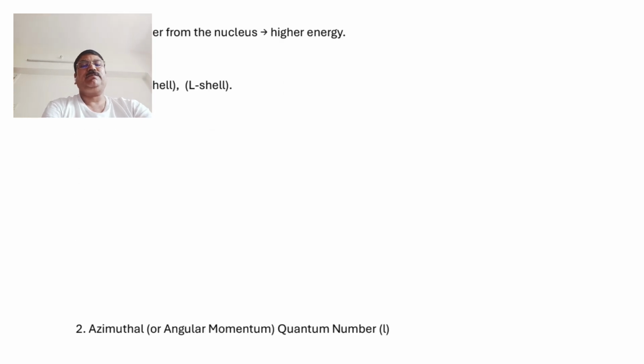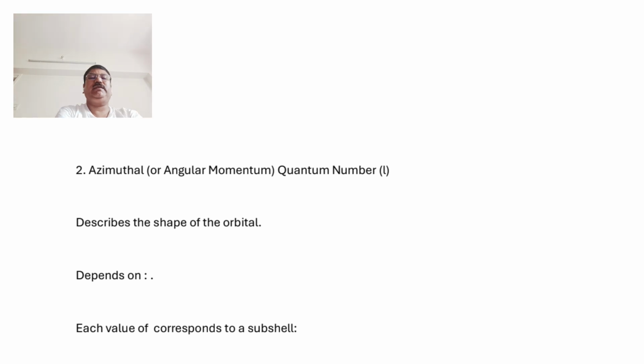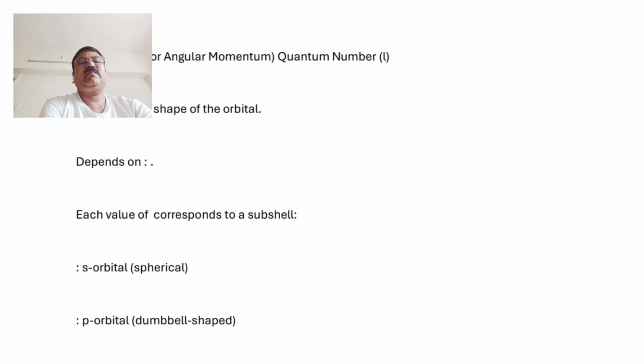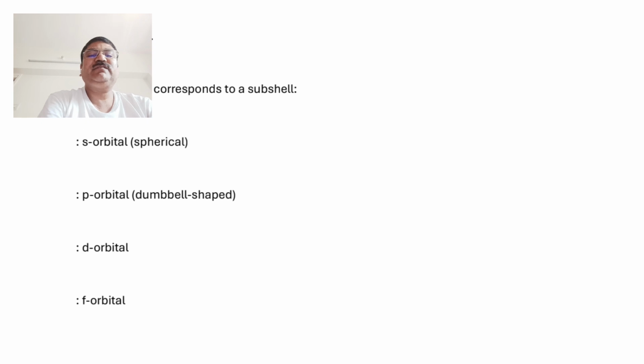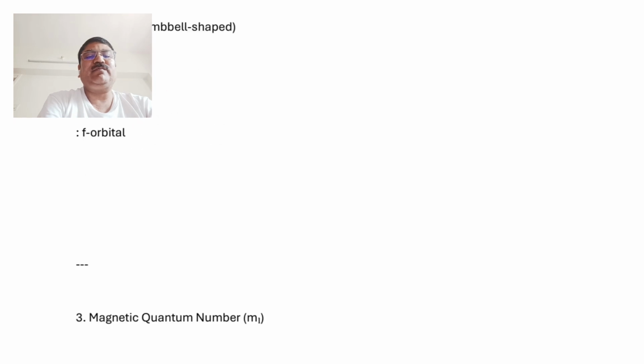So it is explained by the principal quantum number. The second quantum number is the azimuthal quantum number, denoted by the letter l. It describes the shape of various orbitals, that is, each value corresponds to a subshell. The s orbital has a spherical shape, the p orbital is dumbbell shaped, the d orbital has a specific shape along two axes, and then the f orbital.